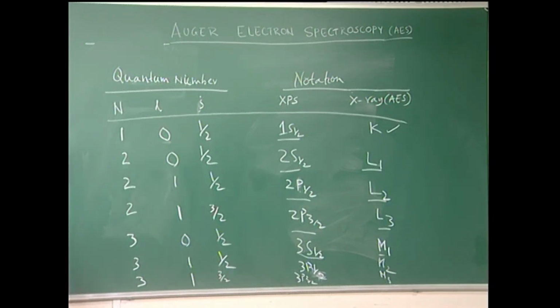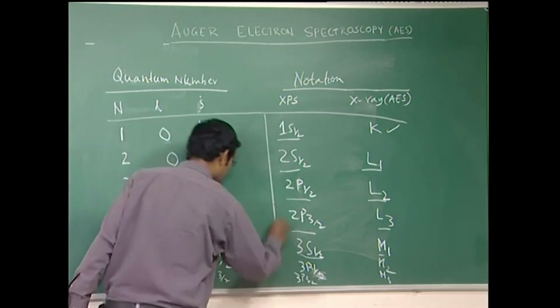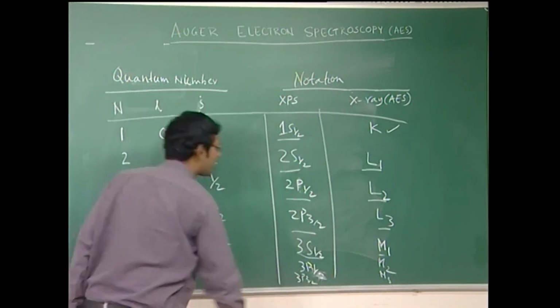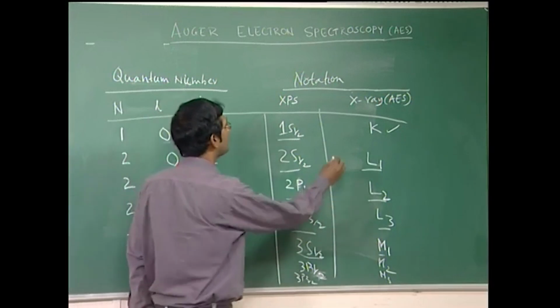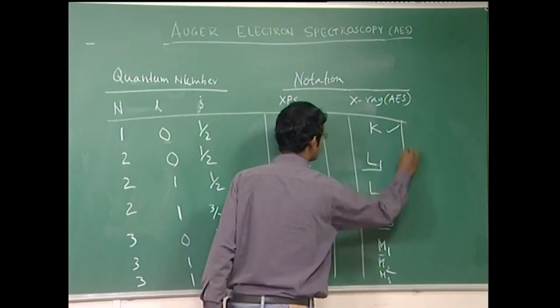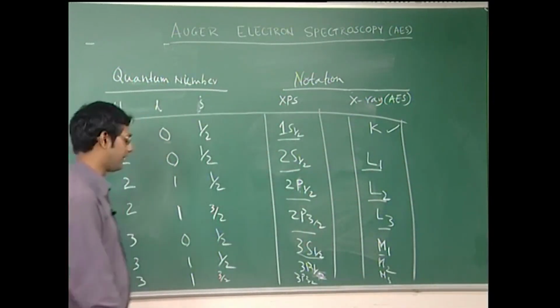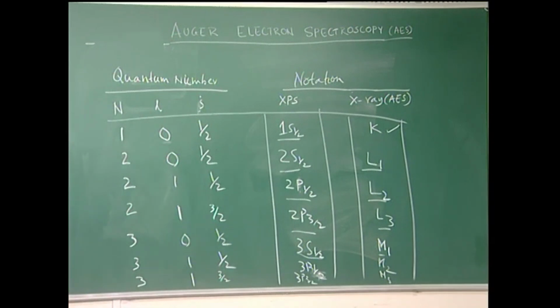So basically in XPS we use these notations to demarcate different peaks. On the other hand, in AES we use this notation. This is funny because these two are the same spectroscopic technique, but we use different notations for the peaks and transitions.